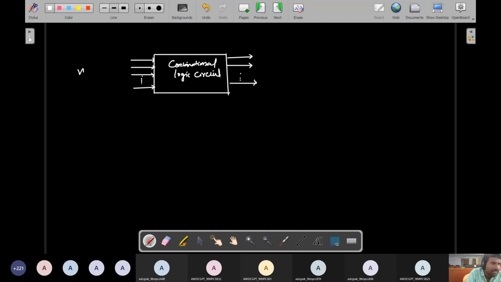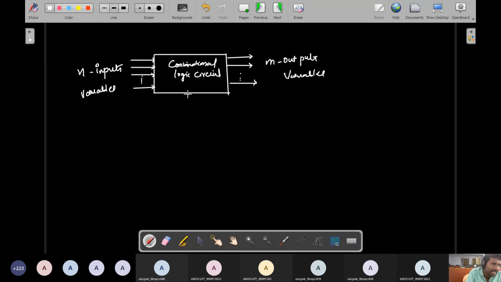These are the n inputs and we are collecting m outputs. So this is n input variables and these are the m output variables. This is the block diagram of combinational logic circuits, and these are the logic gates only.